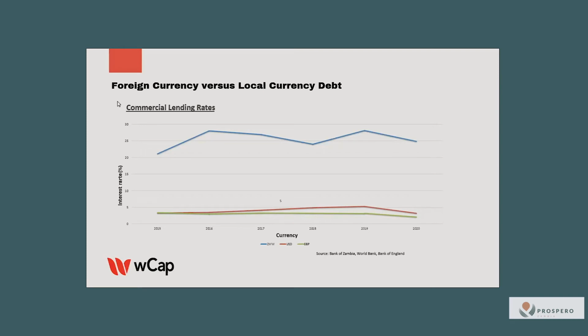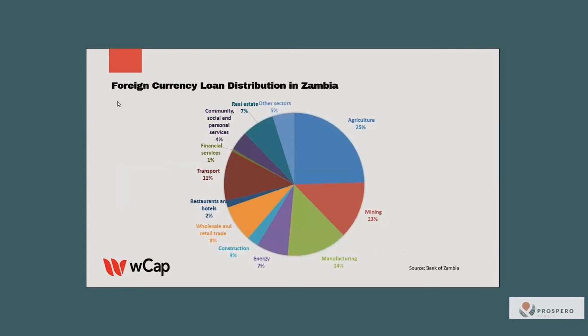British pound loans were being offered at 2% during the same period. So you can see that there's a large disparity in the commercial lending rates you will get from a financial institution. It really depends on what currency and what you're going to be using the loan for.